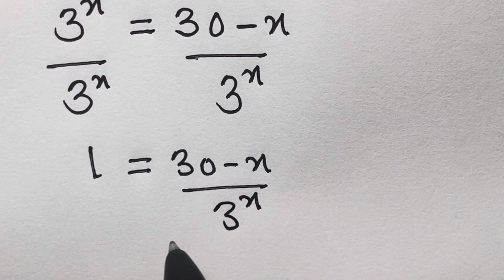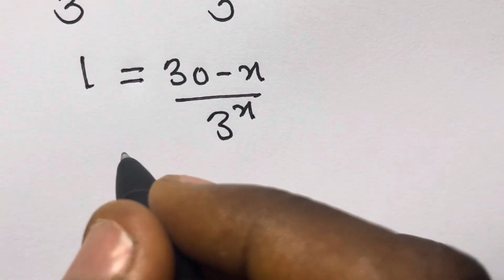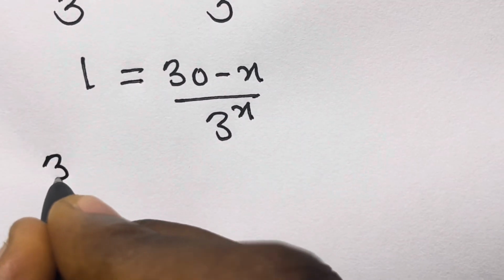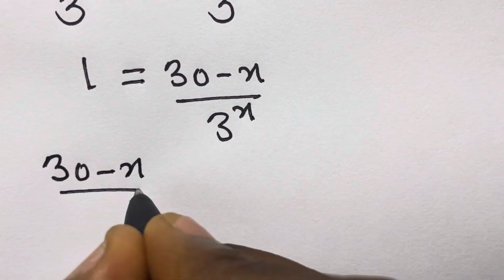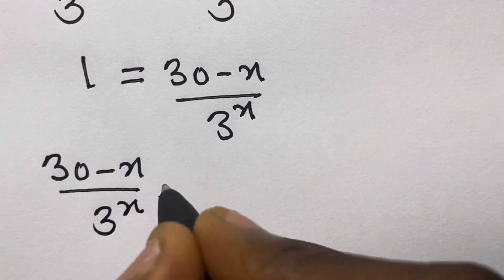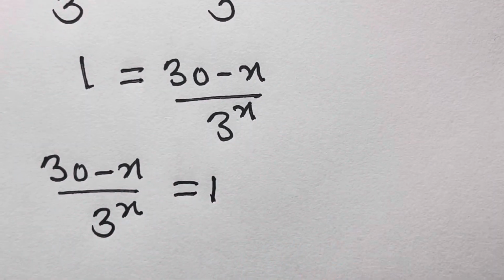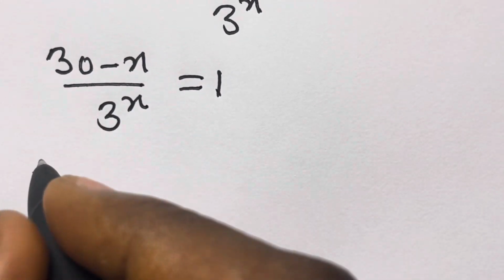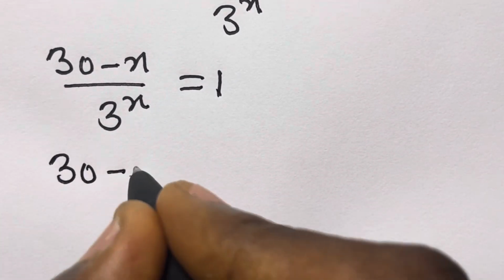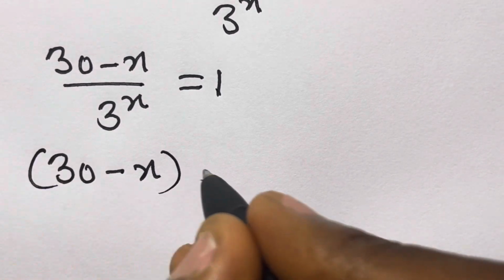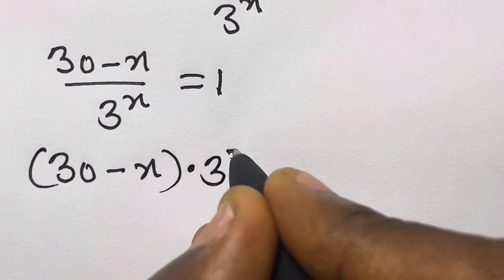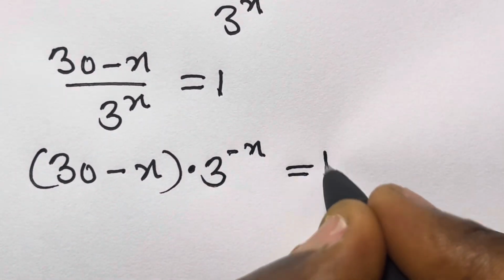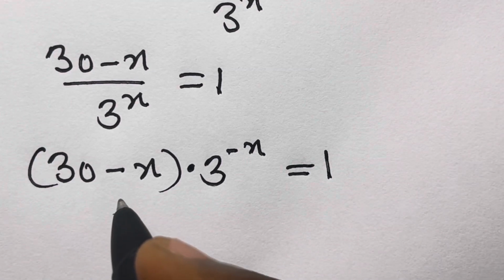So which implies that we can rewrite this as 30 minus x divided by 3 raised to the power x equals 1. So here we can transform this to become 30 minus x, then multiply by 3 raised to the power minus x equals 1, right?